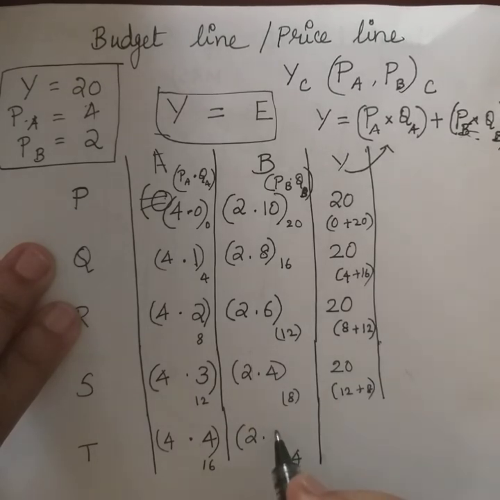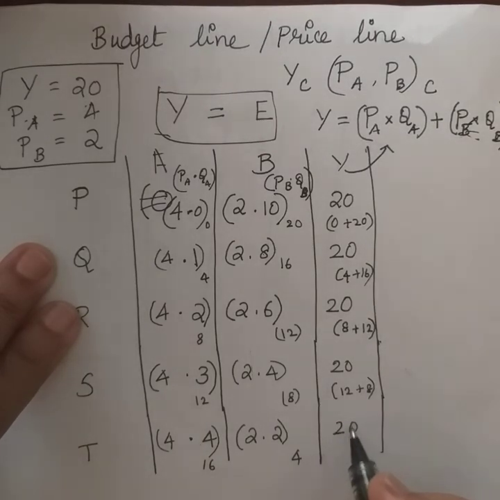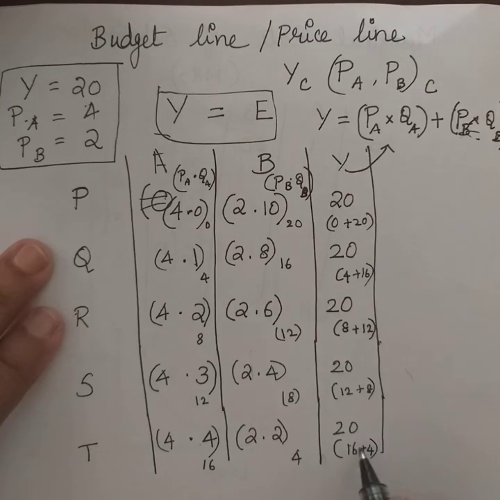The consumer will be able to buy 2 units of the other commodity. So once more, the total expenditure is 16 plus 4, which is equal to the money income. Expressed as 16 plus 4, that's the expenditure, and this is the income that you see.